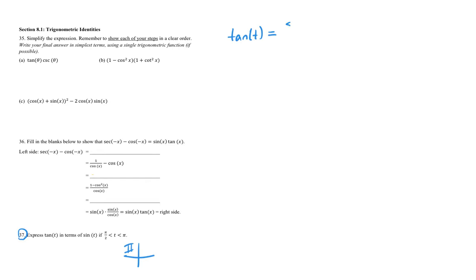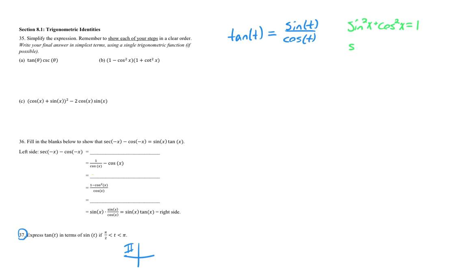Well, tangent is sine t over cosine t, but now we have a cosine, and we don't want cosine. But kind of a theme with this page, we have that identity that we've been using, sine squared x plus cosine squared x equals 1.